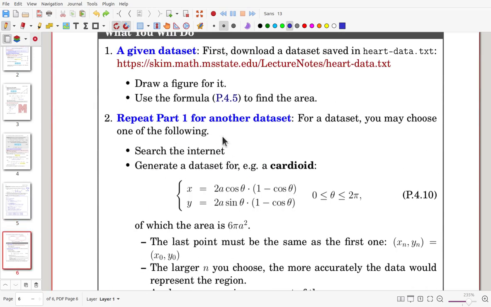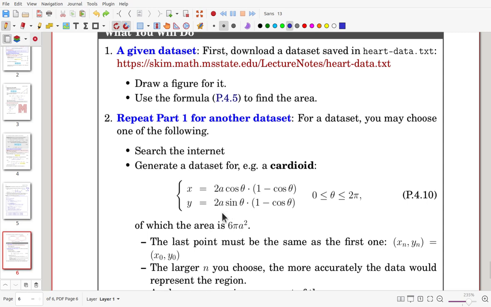And number two, repeat part one for another data set. For the extra data set, you can search the internet, or you can generate a data set. For example, a cardioid.